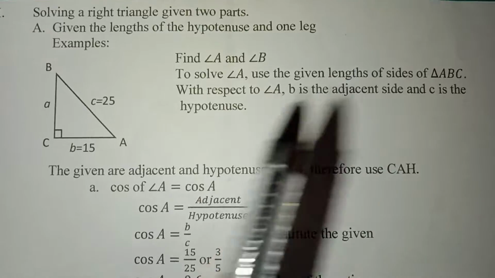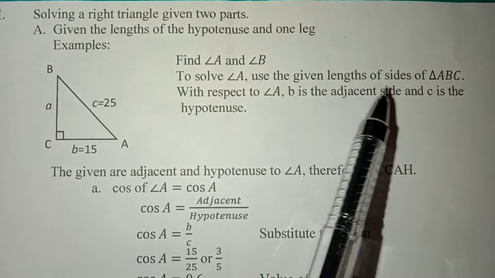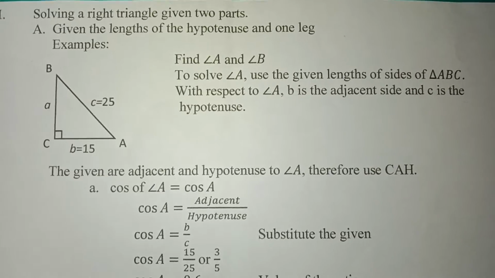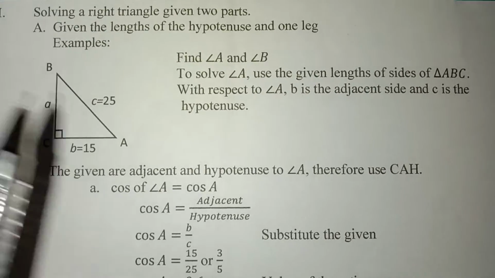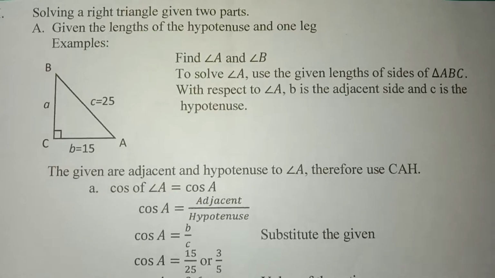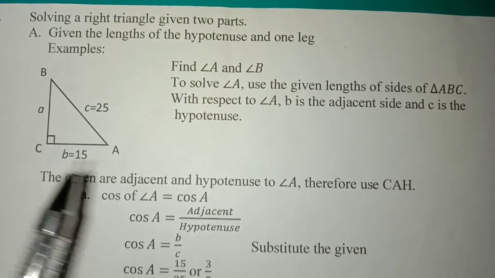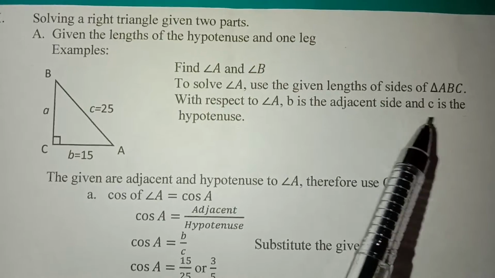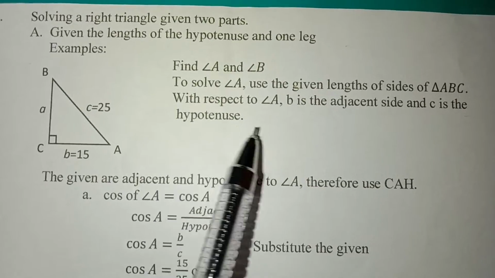To solve the angle A, use the given lengths of sides of triangle ABC. As you have noticed, this triangle ABC is a right triangle because it has a right angle. With respect to angle A, B is the adjacent side and C is the hypotenuse.